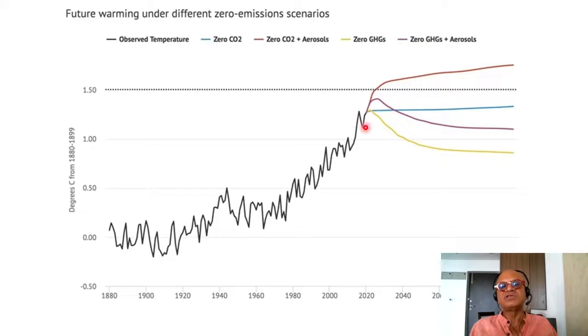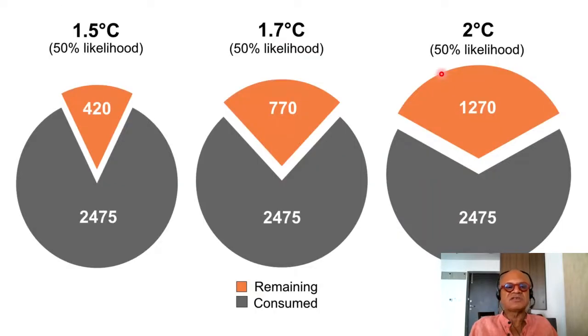This is zero CO2 and aerosols, so it doesn't include other greenhouse gases, then you're going to overshoot, and so on. And this one is zero greenhouse gases without aerosols. So basically this is saying that just worrying about net zero where CO2 is the only target is not a good idea, because you have to consider other greenhouse gases as well.